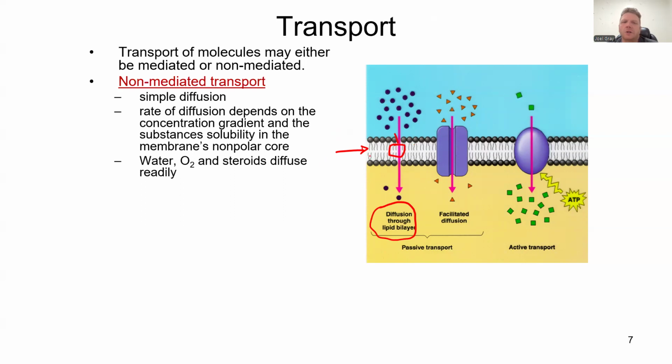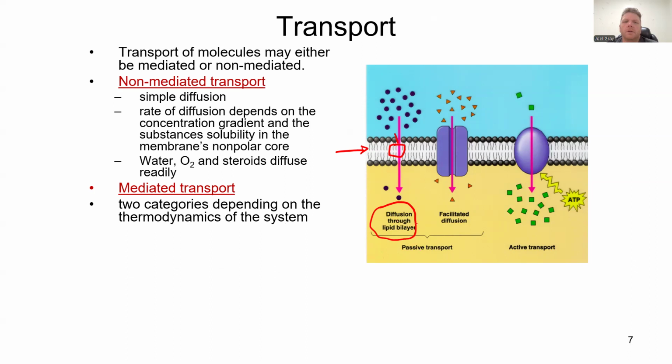Now, water, oxygen, and steroids can all diffuse across a membrane readily. Basically, anything else is going to have a very difficult time doing so. In metabolism, you'll learn about some substances that can move across the membrane easily, but there are not many, and it's kind of rare.